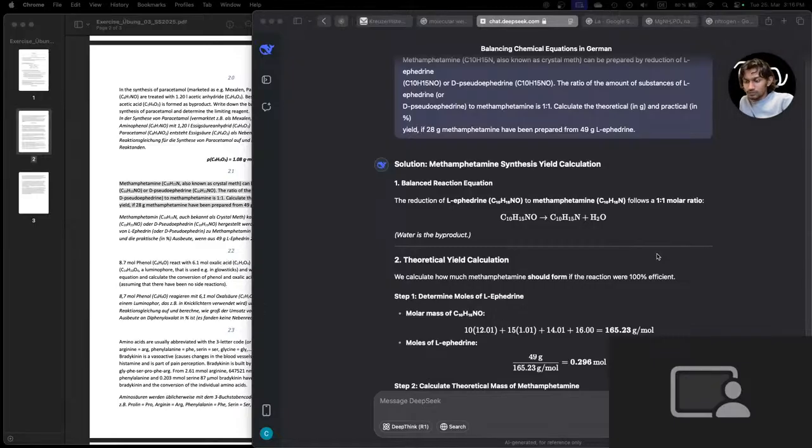Very similar, so not balanced. Chemical equation. So, what is the chemical?